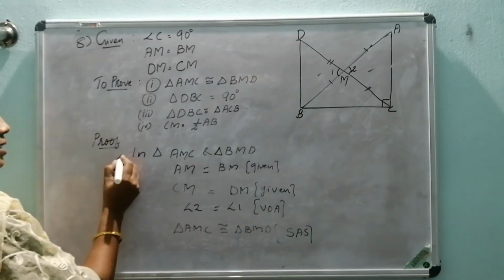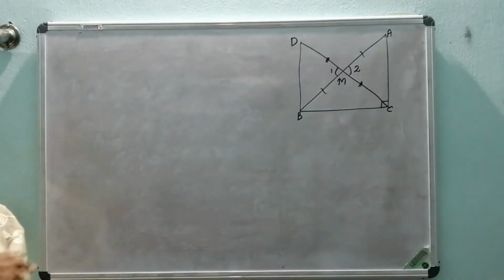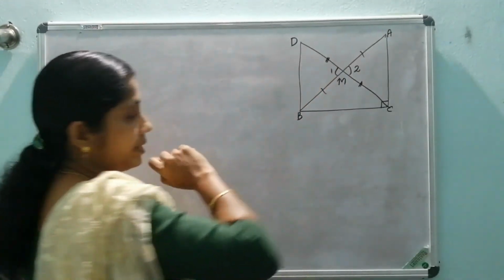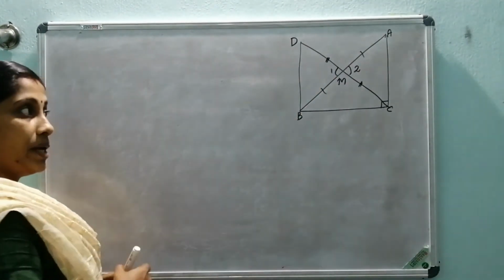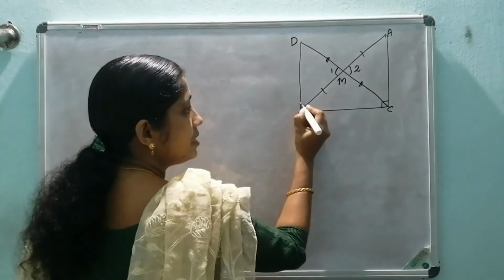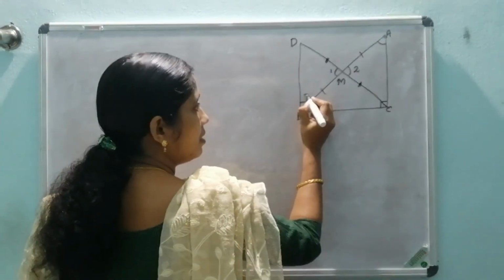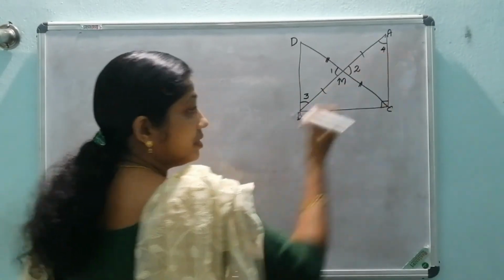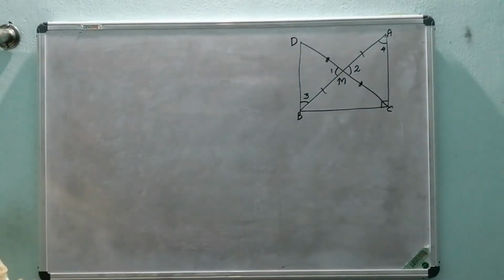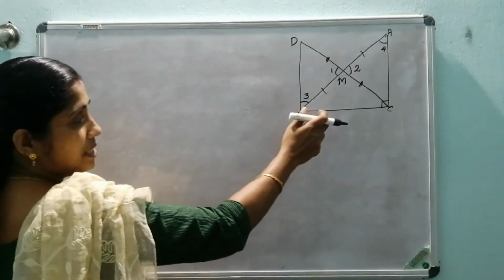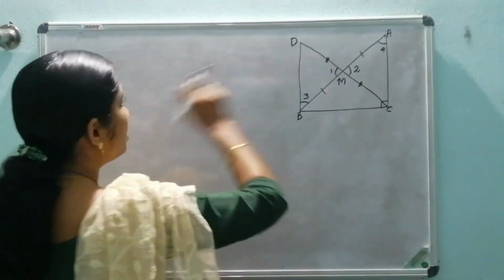Then we can move on to the second part. We proved that these two triangles are congruent. So by CPCT we can also say that these two angles are equal. Let them be angle 3 and angle 4. Angle 3 and angle 4 are equal by CPCT, since the two triangles are congruent.